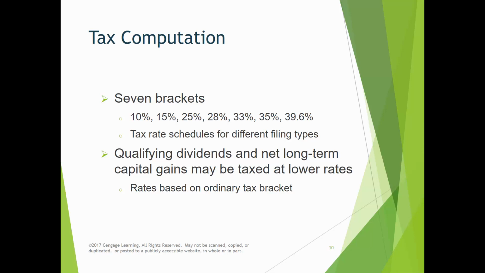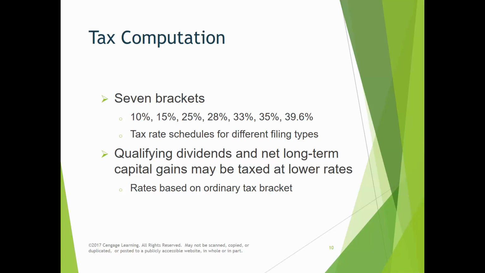And then the second is something called net long-term capital gains. Does anybody have a feel for what a capital gain is? Difference between what you paid and what you sold. Sold what? Whatever you're investing in. So that's exactly it. So the difference between your cost basis, and there's nothing new here, between your cost basis and your selling price is capital gains.